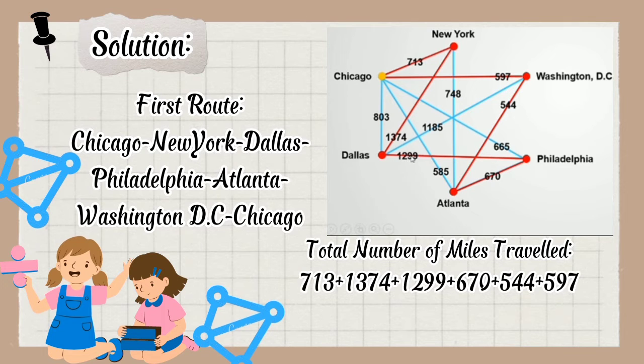And Washington to Chicago, that is 597. So we will just add the weight of the corresponding edges to get the total number of miles traveled. So we get 5,197. So this means that we will be traveling 5,197 miles if we follow the first route.